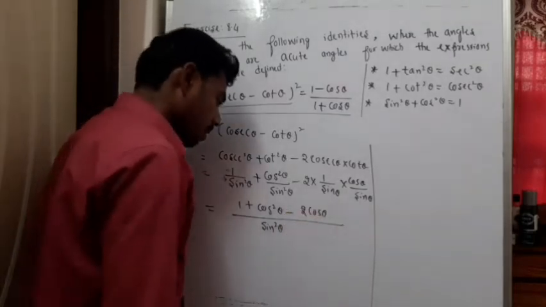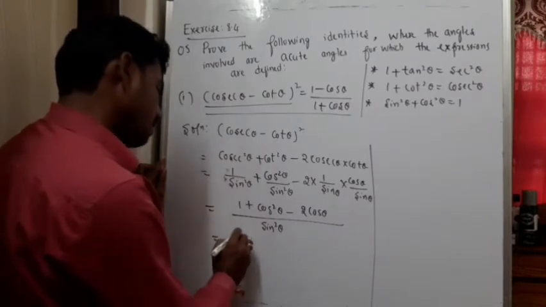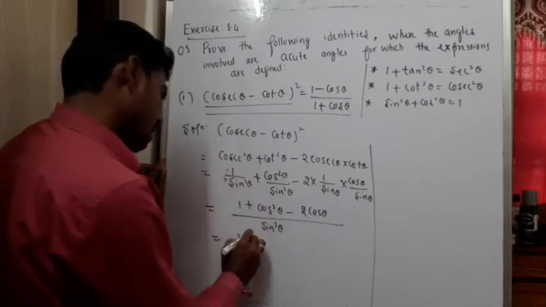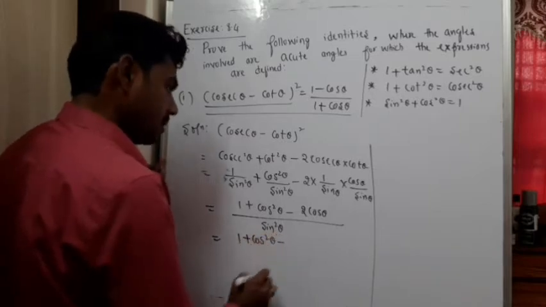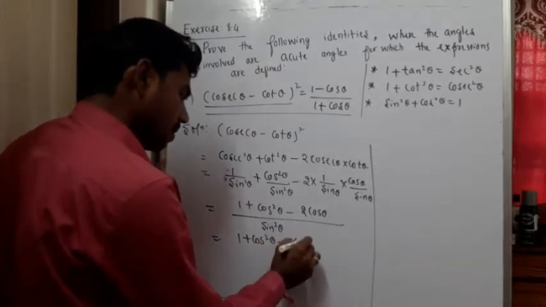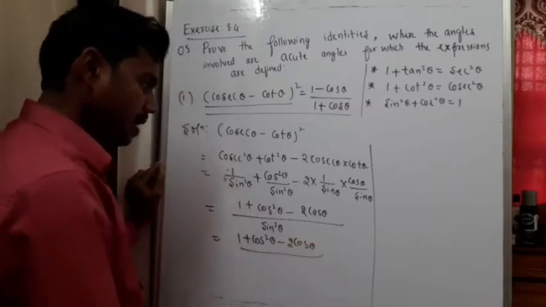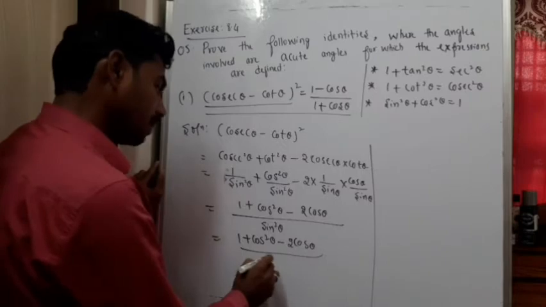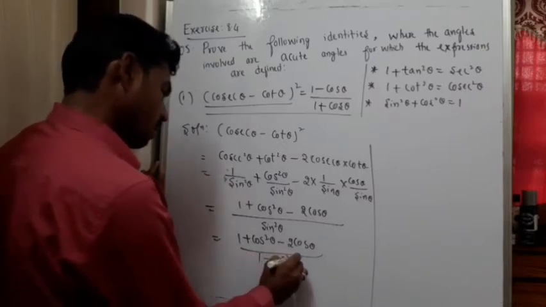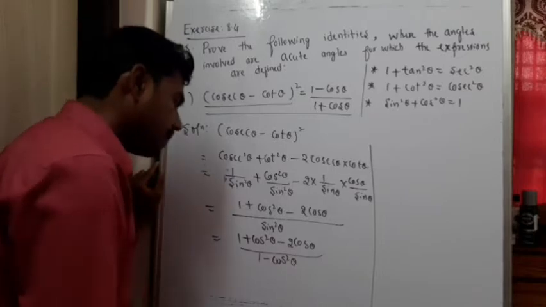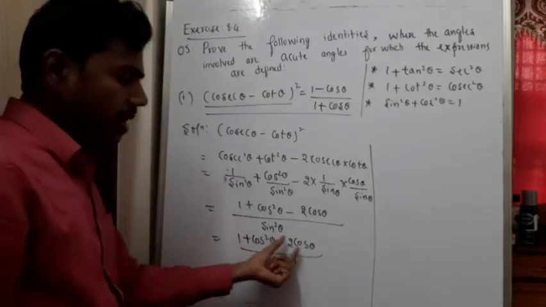Now, sin square theta can be written as 1 minus cos square theta.